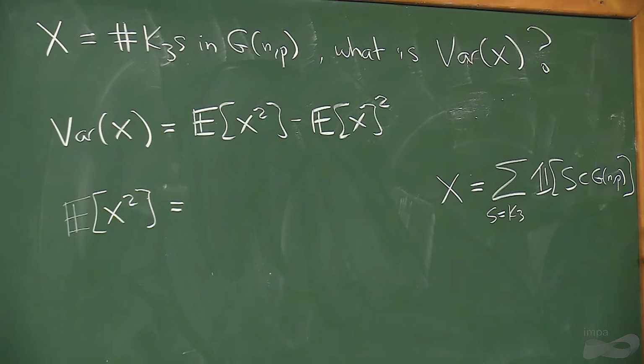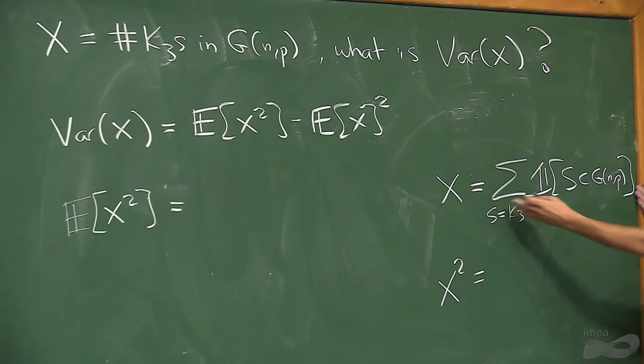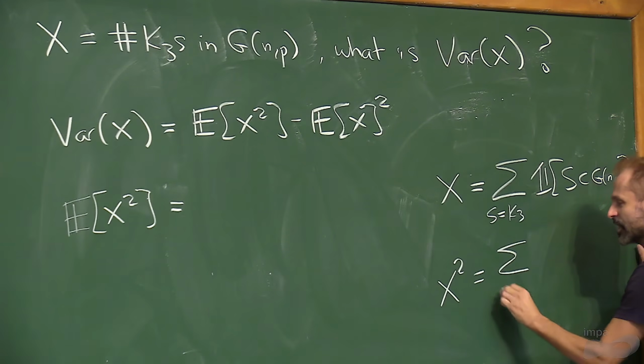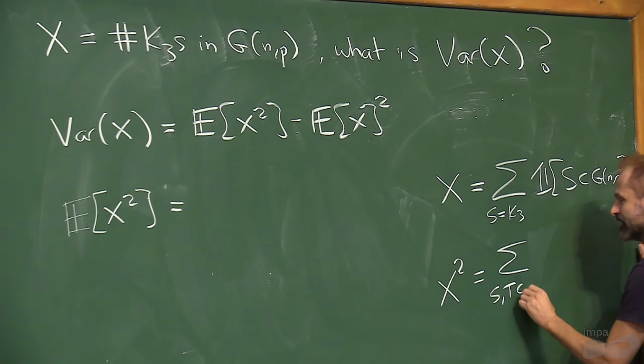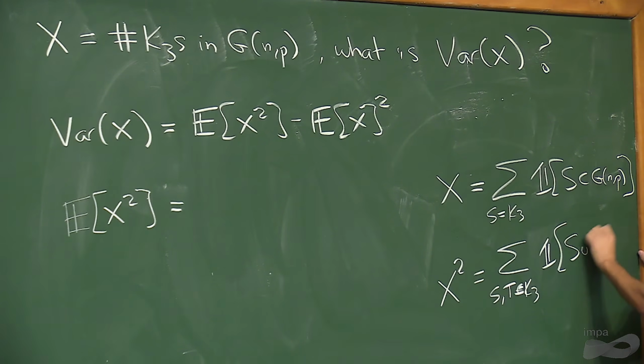Counting triangles in GMP. So what's x squared? We just take this and square it. We get the sum over s and t are triangles of the indicator function that s and t are both in GMP.